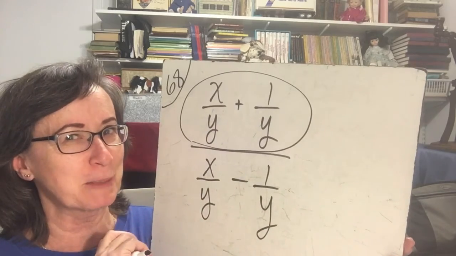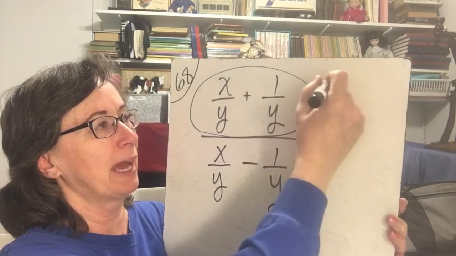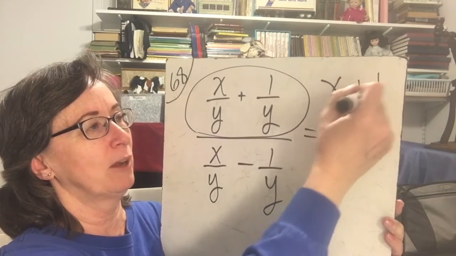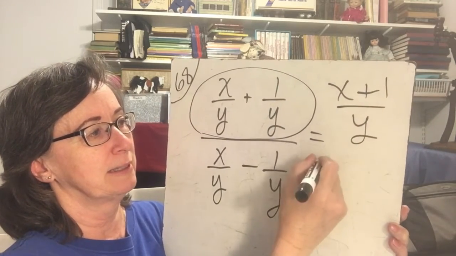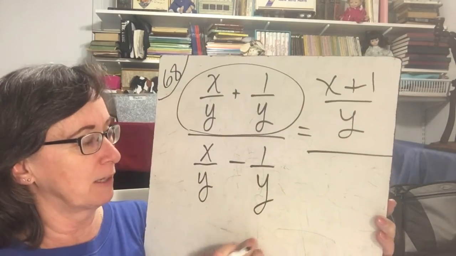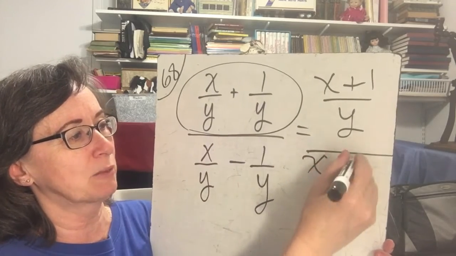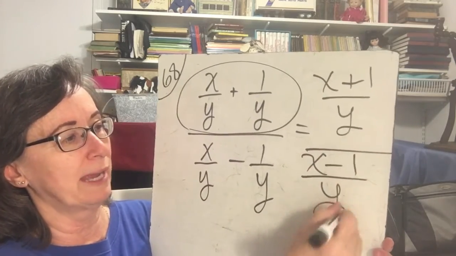I'm going to actually do this problem two ways for you. And we would get x plus 1 over y divided by, now these have the same denominator. So couldn't I say that this is x minus 1 over y?